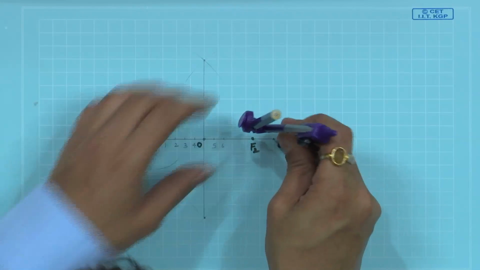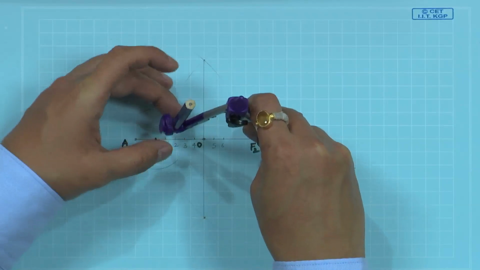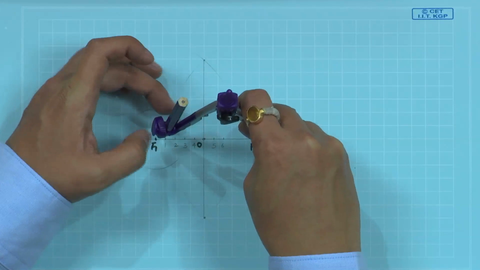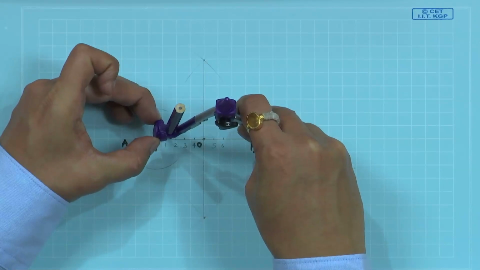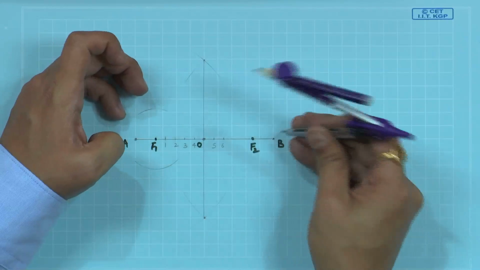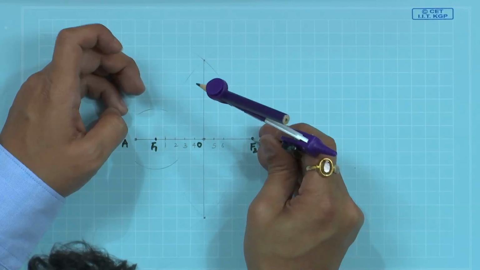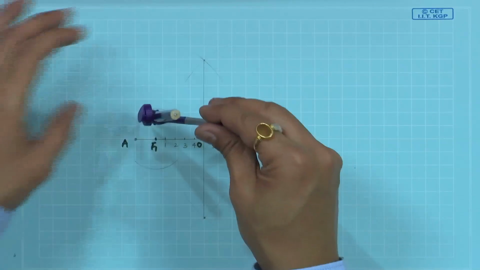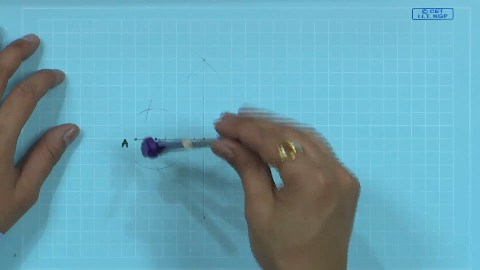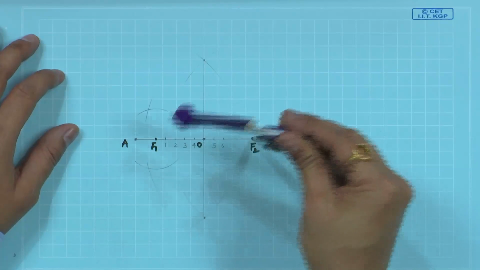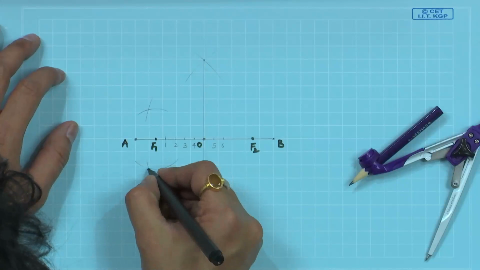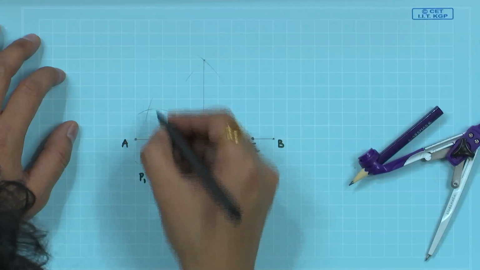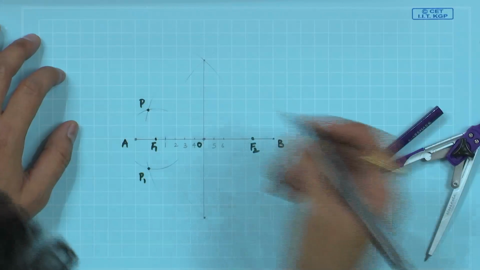From B to 1 also we have to find the distance. Use F2 as the focus and make an arc. Call that intersection point P1, P1 dash, P1 prime.